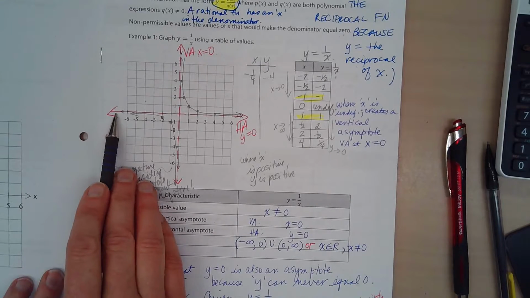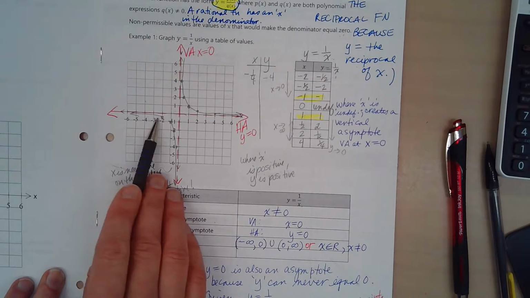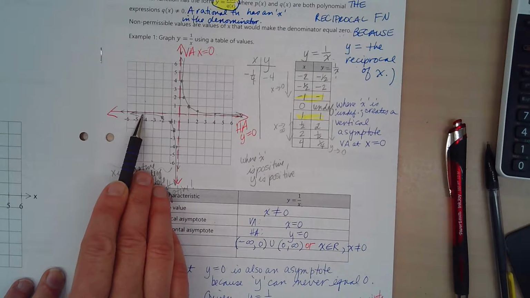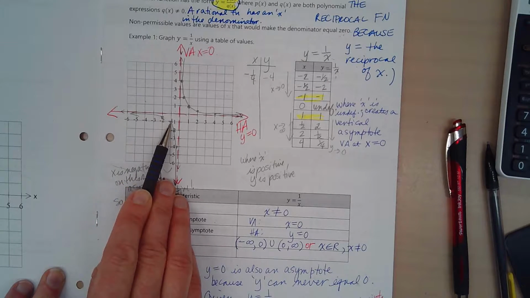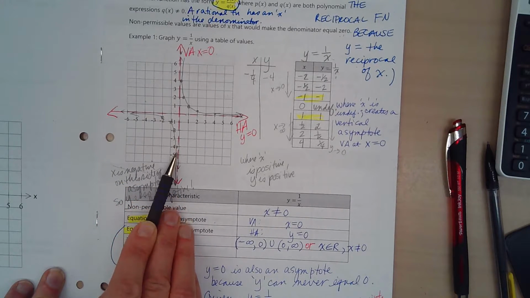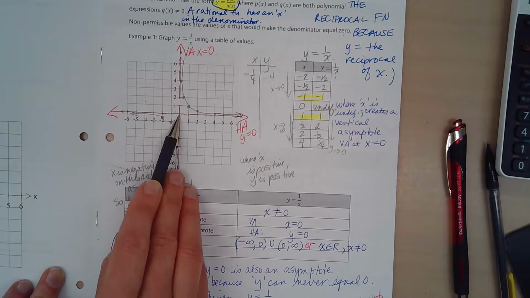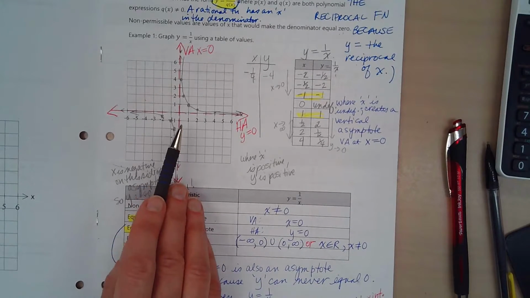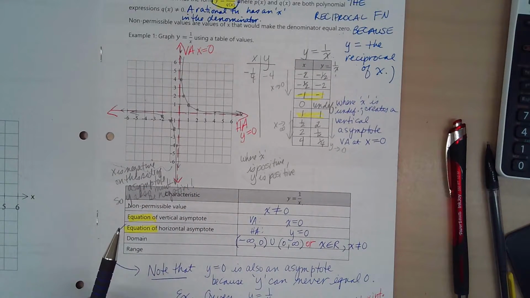Because my x can be, see this pencil line, so x can be all of these values and all of these values. It just never reaches 0. 0 not included.